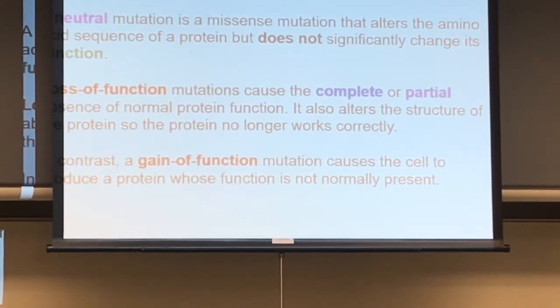Now you have loss of function and gain of function mutations. Loss of function mutation is where change in one amino acid will completely result in the protein losing its activity, because probably that amino acid was important for the protein to fold, or probably that amino acid was in the active site of an enzyme.